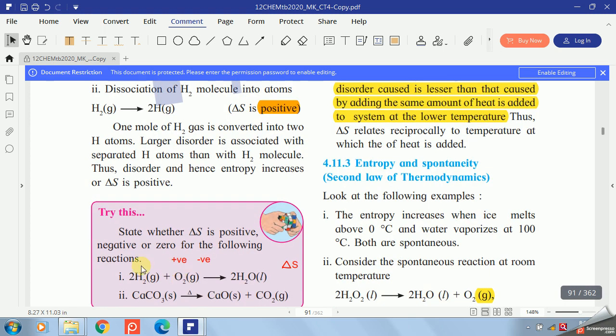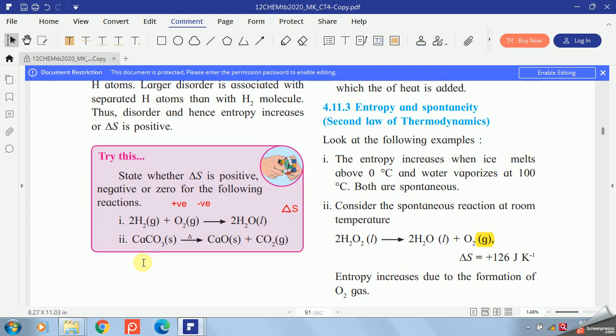Now can you try this: state whether the change in entropy, delta S, is positive, negative or zero for the following reactions. The first reaction is 2H2 gas plus O2 gas gives 2H2O liquid. Check the changes. Reactants are in gas state, but the product is in liquid state.